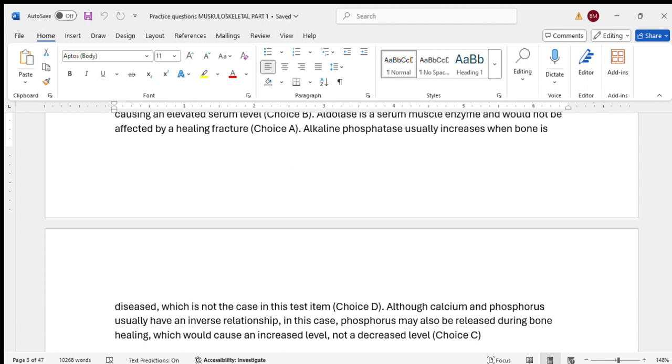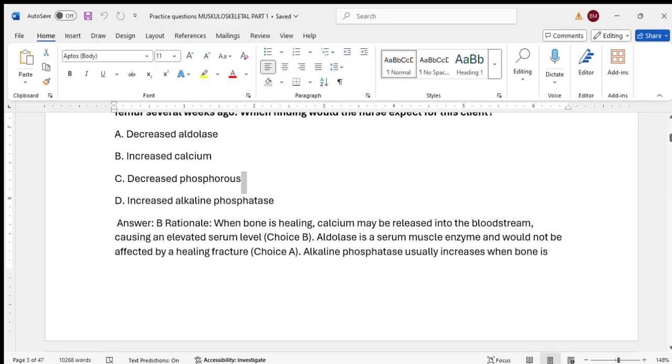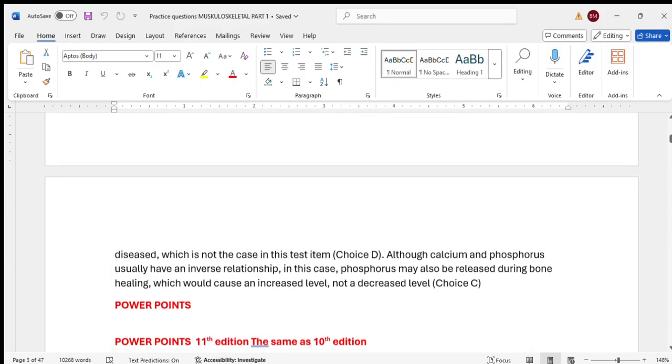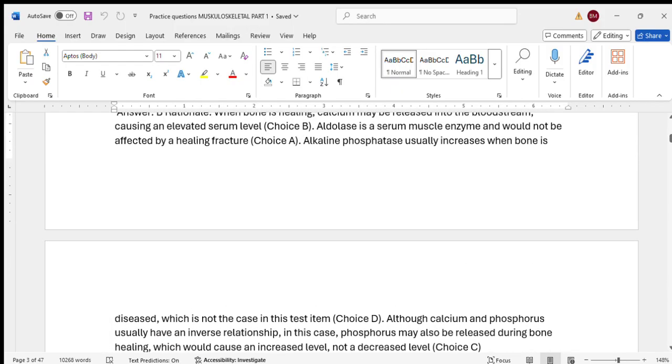Although calcium and phosphorus usually have an inverse relationship, in this case phosphorus may also be released during bone healing, which can cause an increased level, not a decreased level. So let's be clear, when we are talking about bones, we are talking about phosphorus and calcium. When we are talking about muscle, we are talking about aldolase, and we have to be careful with those.